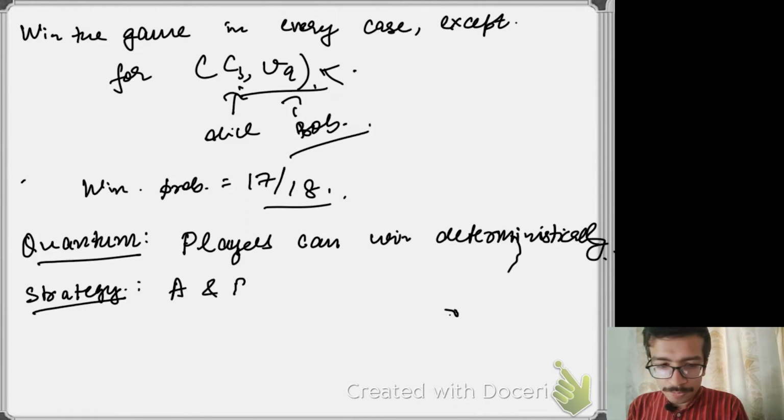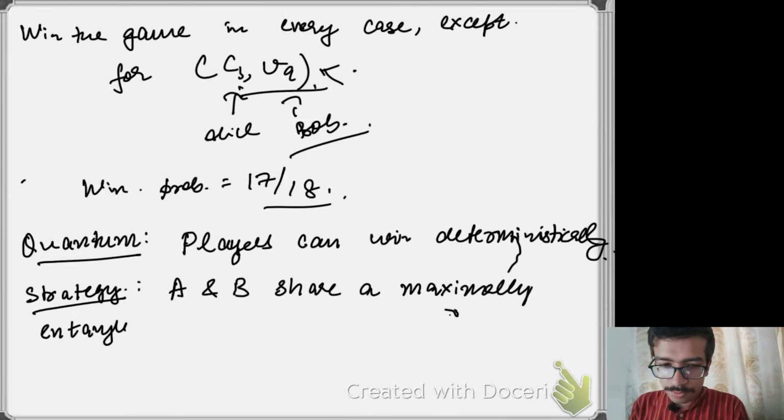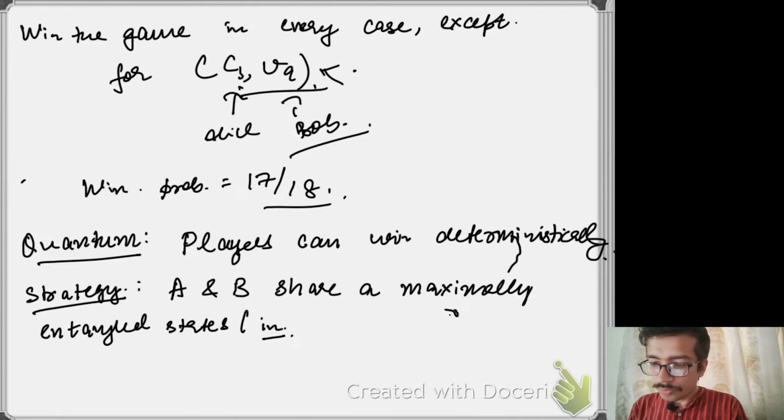Alice and Bob share a maximally entangled state in dimension equals 4.